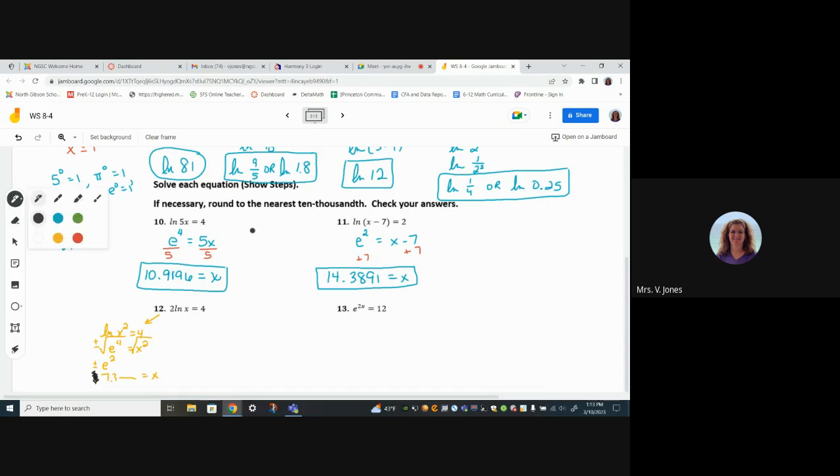Now, there is a better way to do this one. If you have 2 times ln of x equals 4, if you are trying to get that x by itself, you're trying to get rid of stuff that's with it. The 2 is out front being multiplied. So we could actually divide by 2 and make that 2 go away.